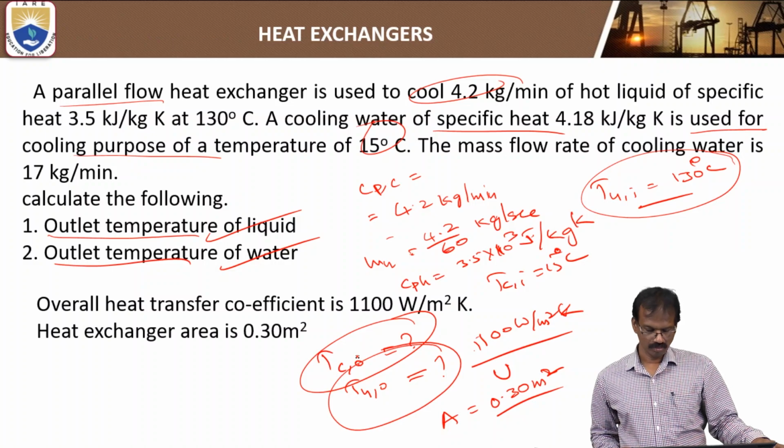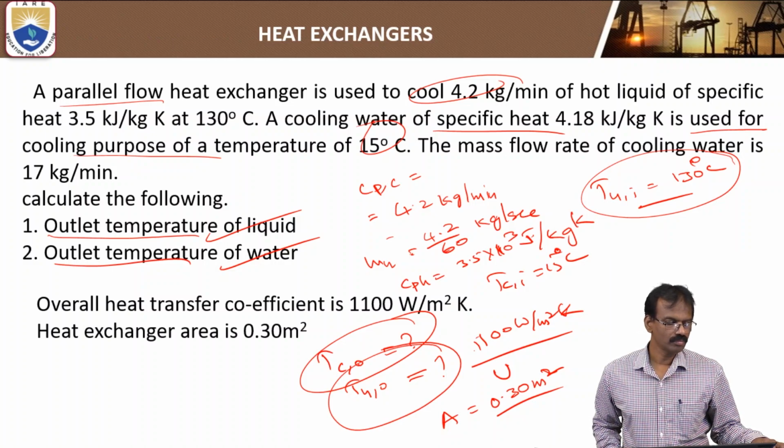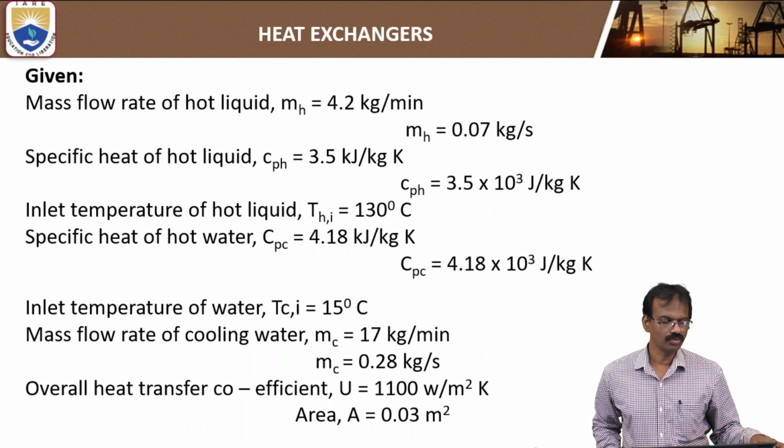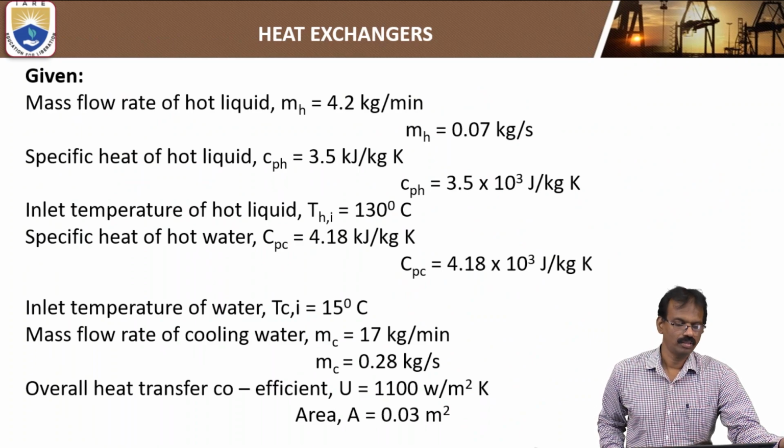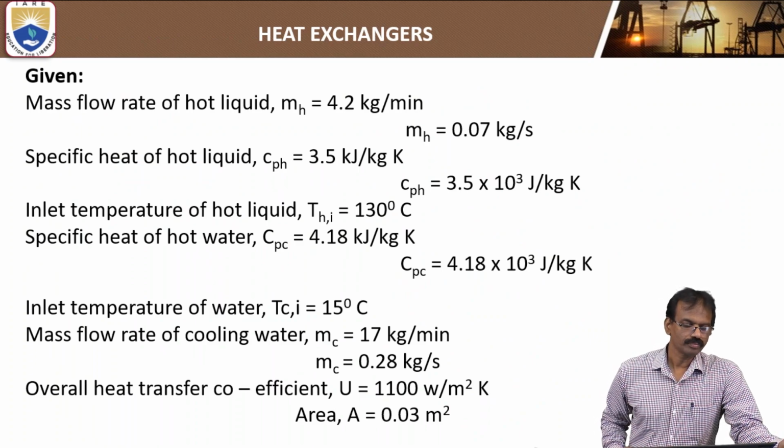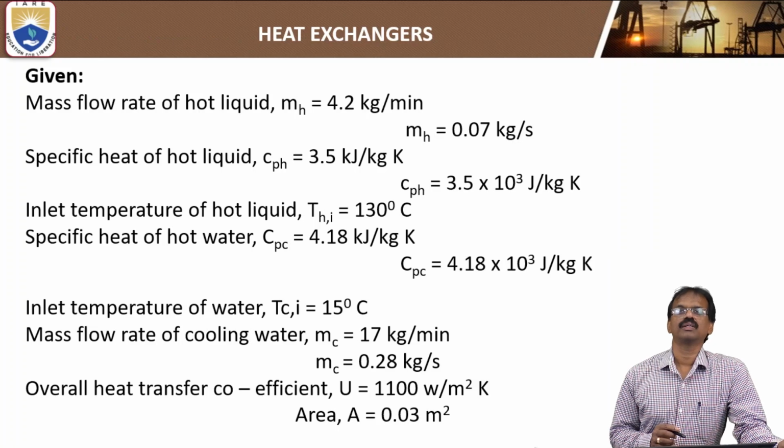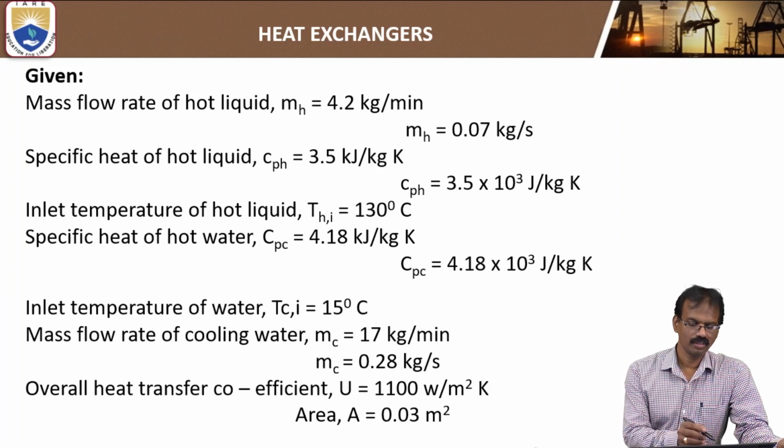Okay, we will see how to solve these parameters. We will see once again the data which was given in the numerical. Mass flow rate of hot fluid, mH, is 4.2 kg per minute.